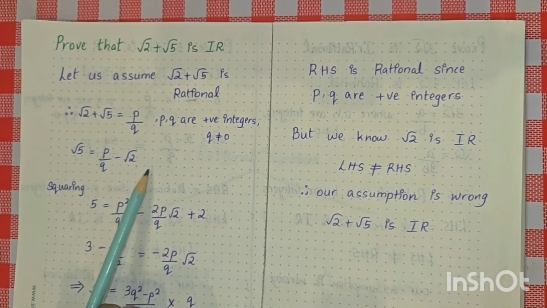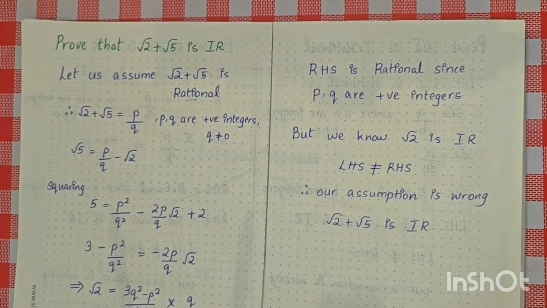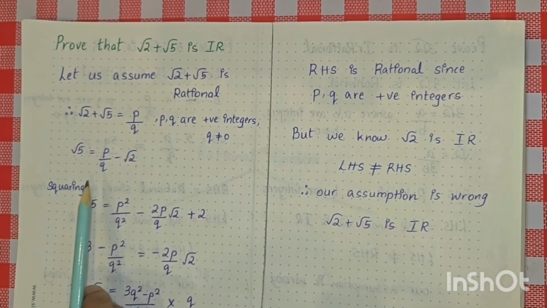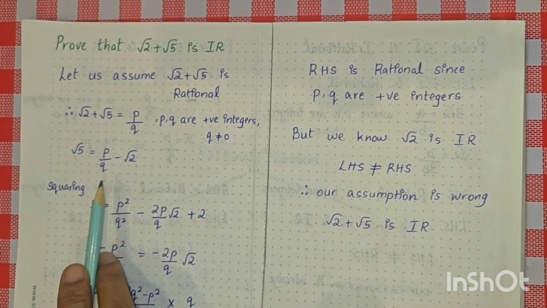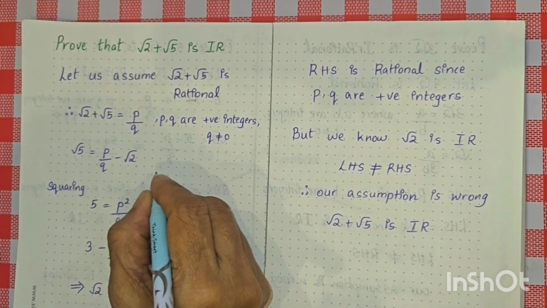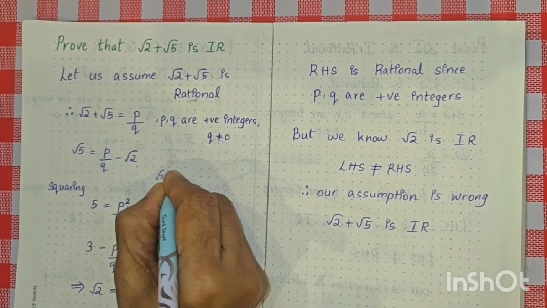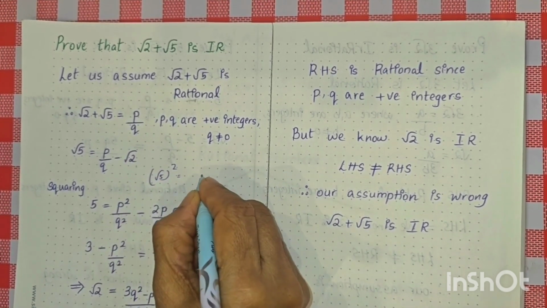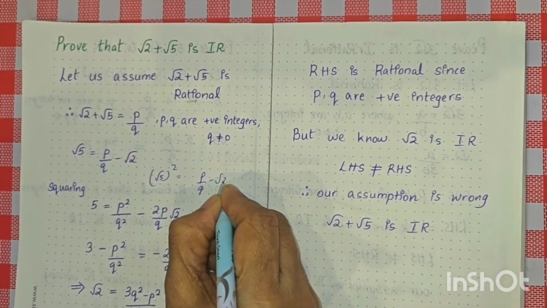Root 5 is equal to, or root 2 is equal to, anything you can do. Now you will square it on both sides. So root 5 the whole square will become 5, equal to p by q minus root 2 the whole square.